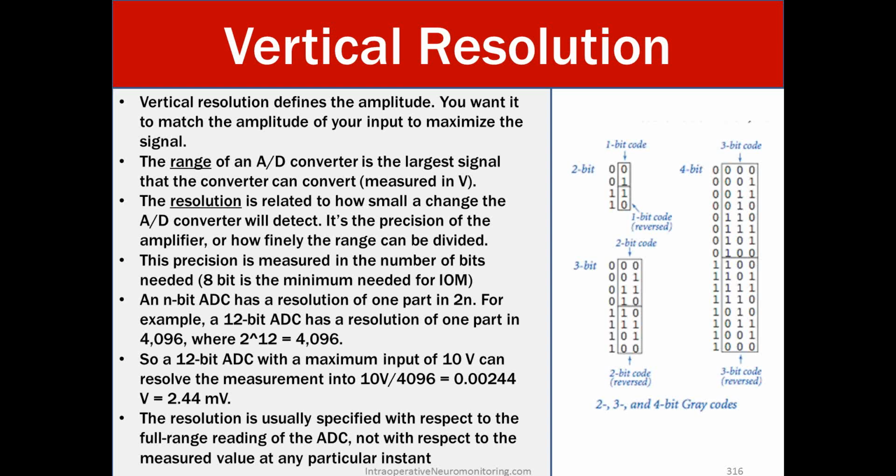So a 12-bit ADC with the maximum input of 10 volts can resolve a measurement into 10 volts divided by those number of points, which equals 0.00244 volts, or 2.44 millivolts. The resolution is usually specified with respect to the full range reading of the ADC, not with respect to the measured value at any particular instant.